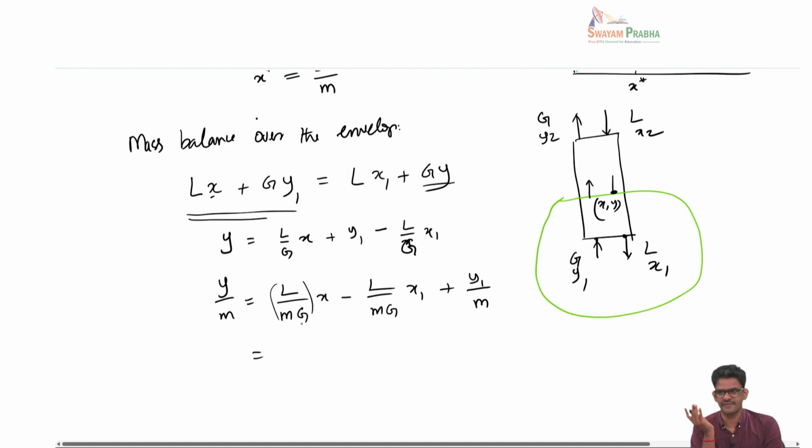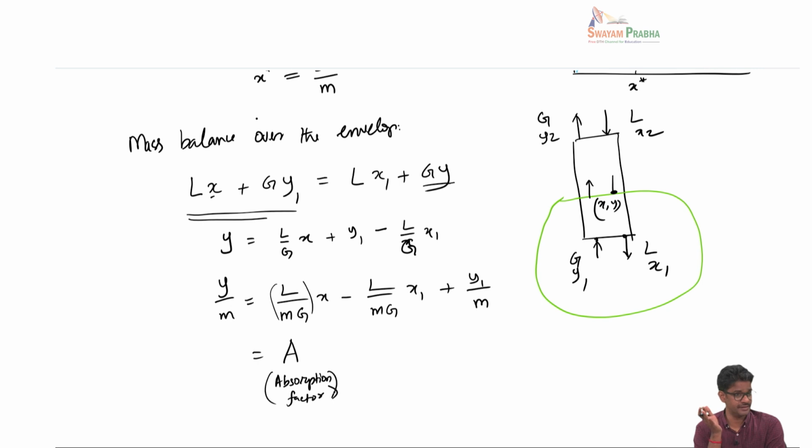This is the absorption factor, A, not the cross sectional area. You will be fair if you ask why should I define an absorption factor, why can't I define a stripping factor?